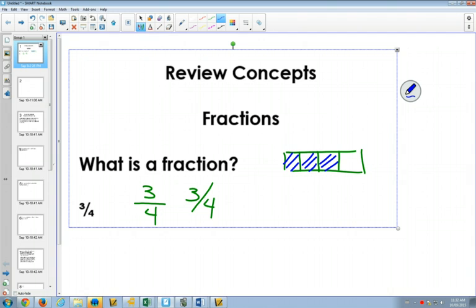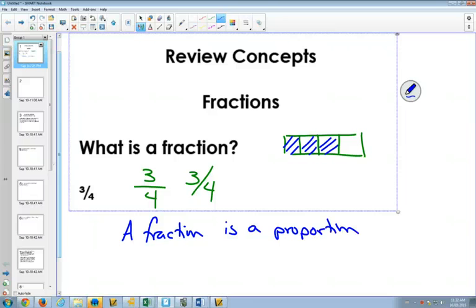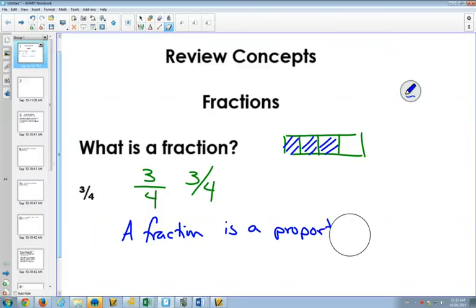You think of how much is 1, and then what would 3/4 of that be? One of the words we're going to be using a lot is the word proportion. So a fraction is a proportion.